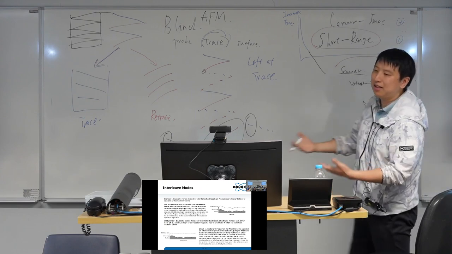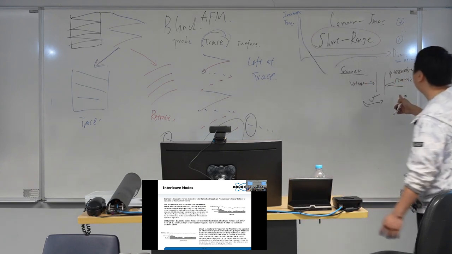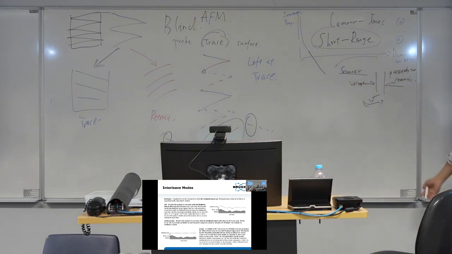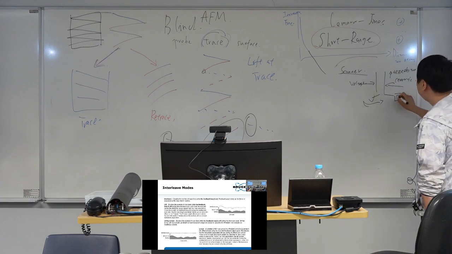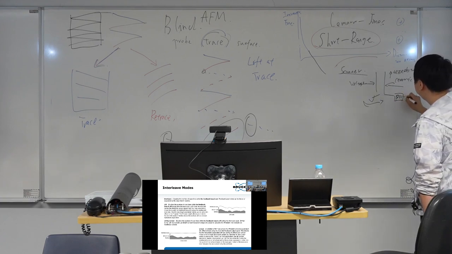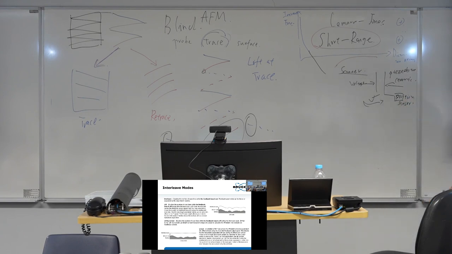We just apply voltage and then we let the probe move on the surface. But it has the issue of how I know the position of my scanner. So in our setup, we place a position sensor, we attach this sensor to our scanner.